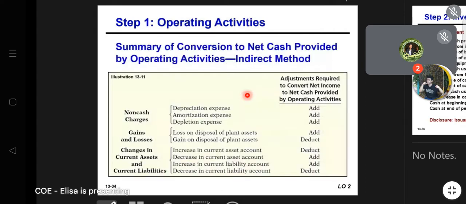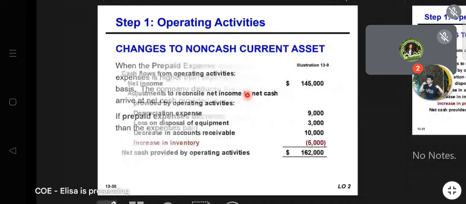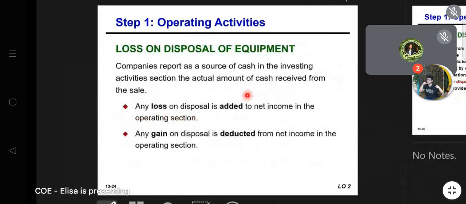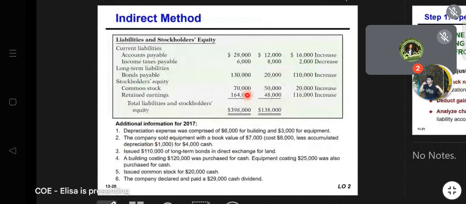Let's go back to the analysis in the given, so we can understand. Item number 2. The company sold equipment with a book value of 7.